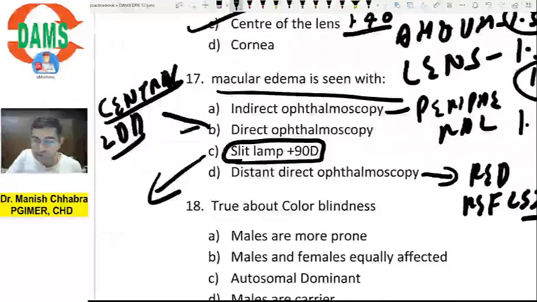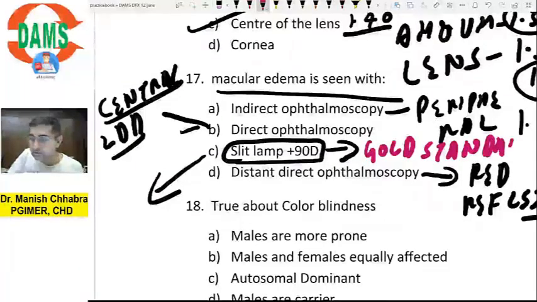Slit lamp with 90D lens is the gold standard. Whenever you go for fundus examination, you go with slit lamp with 90D, you dilate the eye and then you examine. So with B and C you can assess the macular edema, but out of B and C, which is best?